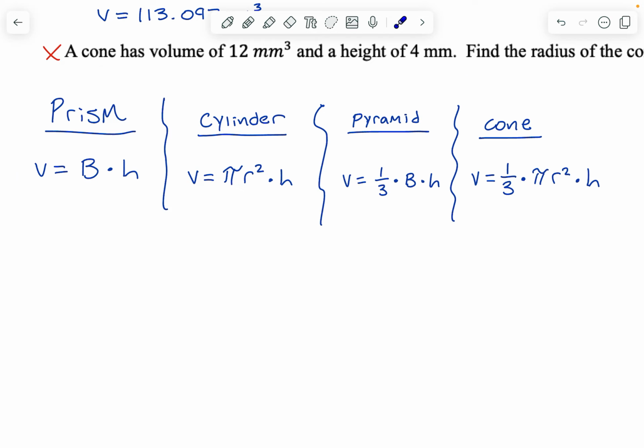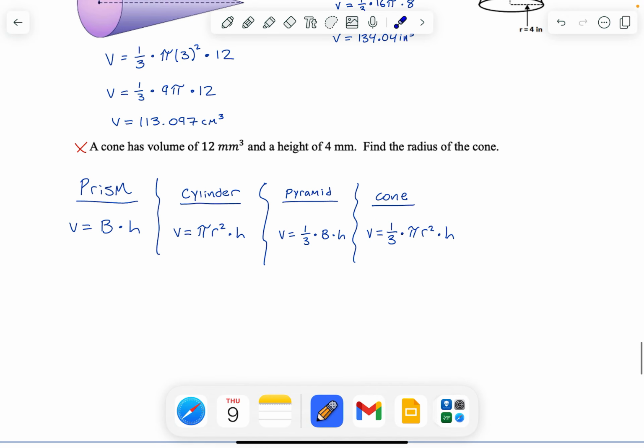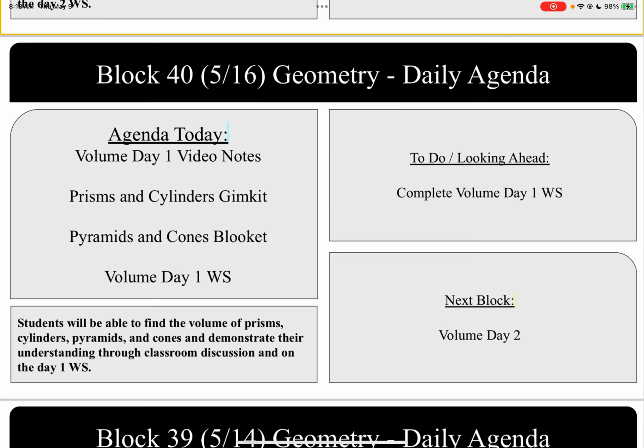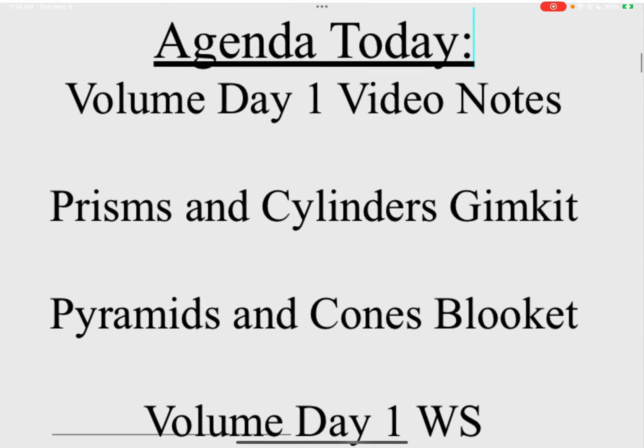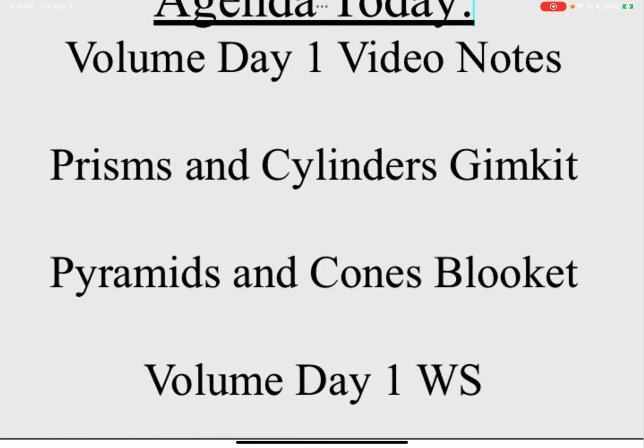You are going to be using these on the Gimkit, on the Bookit, and then on the worksheet. So right now, if you go into Schoology, you will see the Prisms and Cylinders Gimkit. There's a link to that. Then the Pyramids and Cones Bookit. Those are 2 in-class assignments.